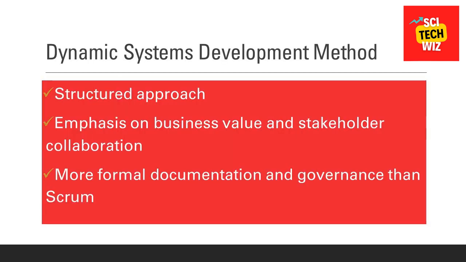This is an Agile framework that provides a structured approach to project delivery. It places a strong emphasis on business value and stakeholder collaboration. DSDM incorporates more formal documentation and governance than Scrum, which may be suitable for large projects or organizations with strict compliance requirements. This is the major difference.